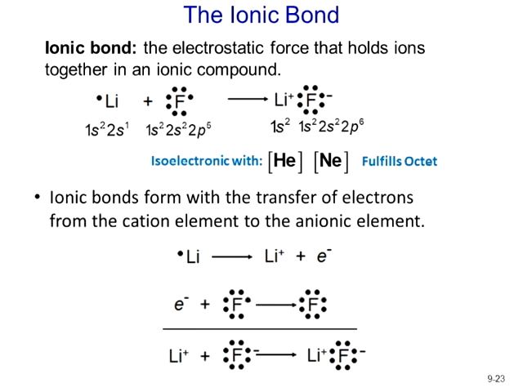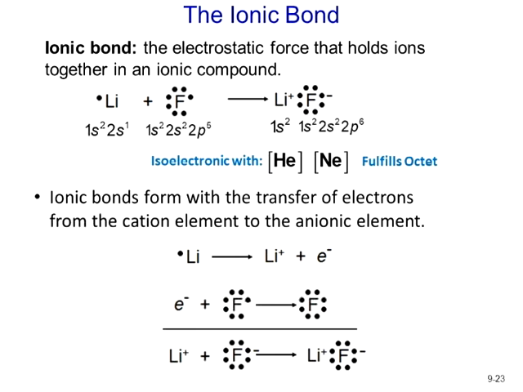Okay? So when we do this, what we discover then is that the lithium part of this, the positive part, is isoelectronic with helium. It is not helium, but isoelectronic means that it has the same electron configuration as helium, 1s2.